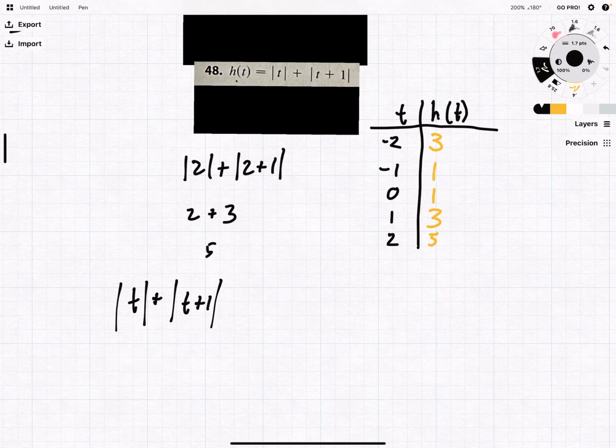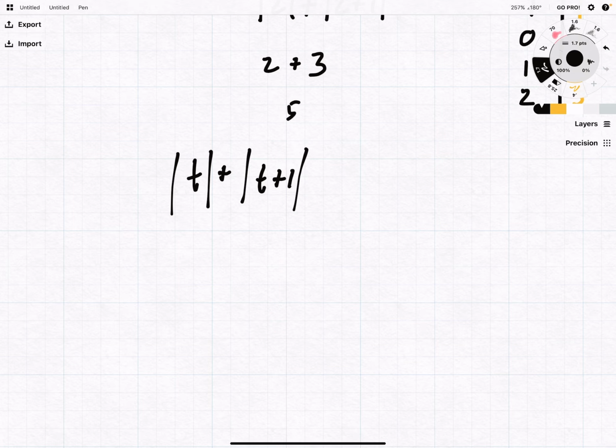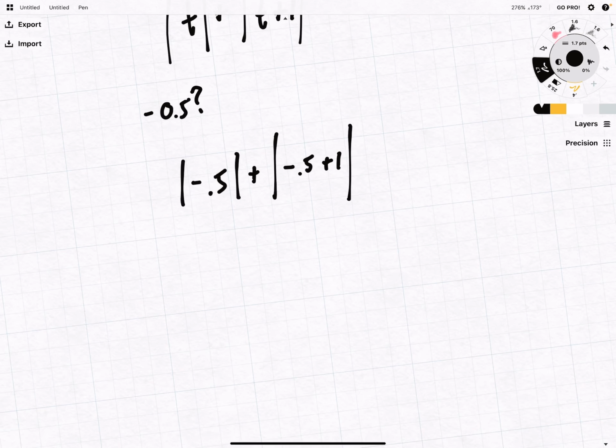When we plug in 0, we get 1. What happens if we plug in something like -0.5? Well, that would get us absolute value of -0.5 plus absolute value of -0.5 plus 1, which ends up just giving us 0.5 plus absolute value of 0.5, which also just ends up being 1.